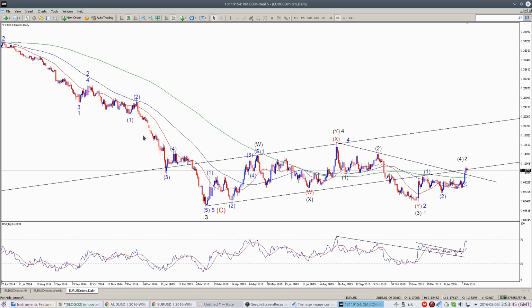The alternative, of course, is that this was wave 1, wave 2, wave 3, WXY for wave 4, and this is the ending diagonal that I was talking about, or wave 1 and 2 of wave 3.